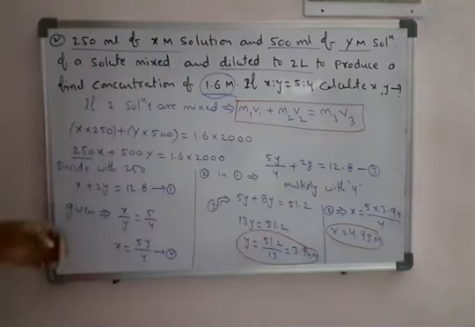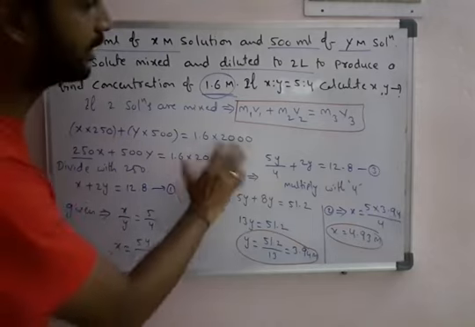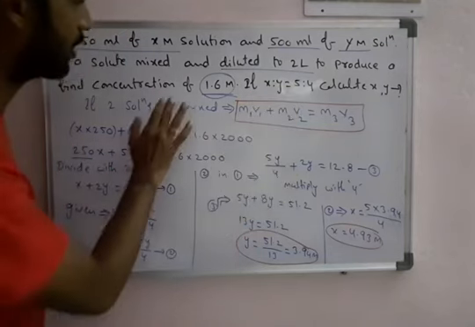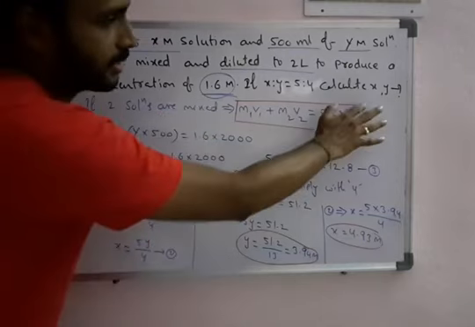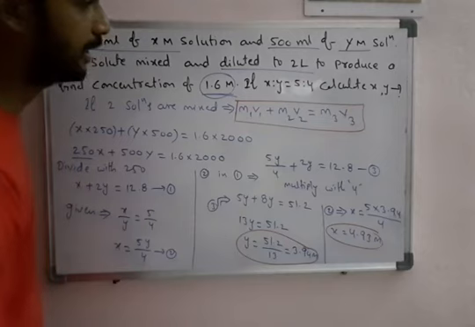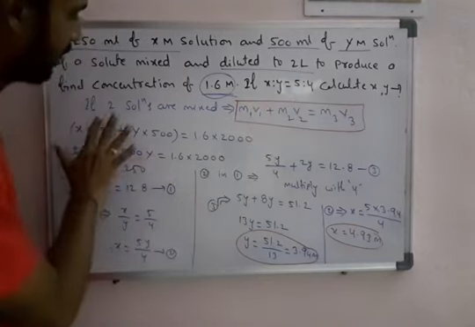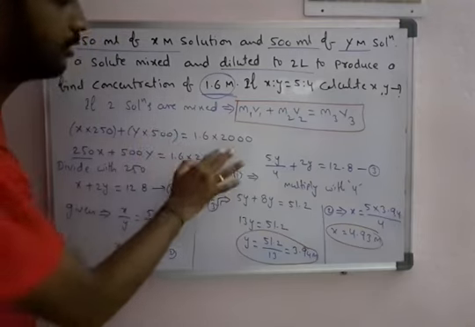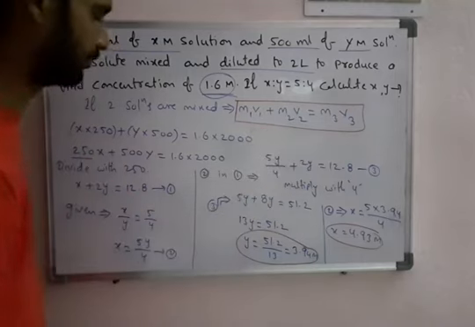Two different solutions with different concentrations were mixed and diluted with some water, and finally the solution was made up to 2 liters, and the final concentration is obtained as 1.6. We need to find the individual concentration of the two solutions, and there is also a clue given: x is to y equal to 5:4. We know that by mixing two solutions of similar character, we use the formula M1V1 plus M2V2 equals M3V3.